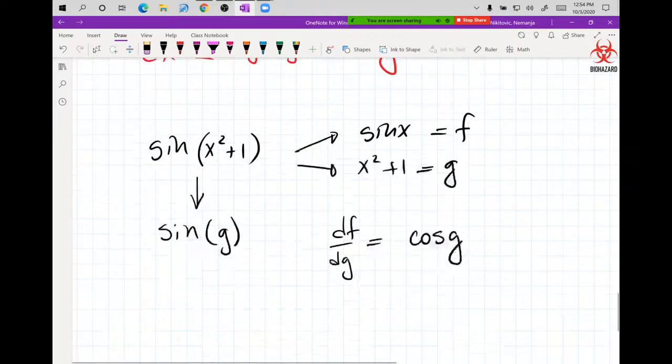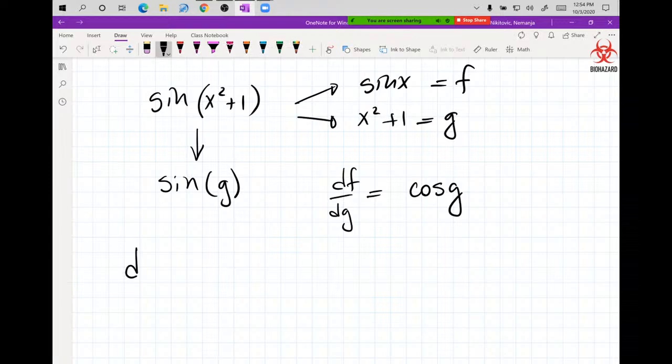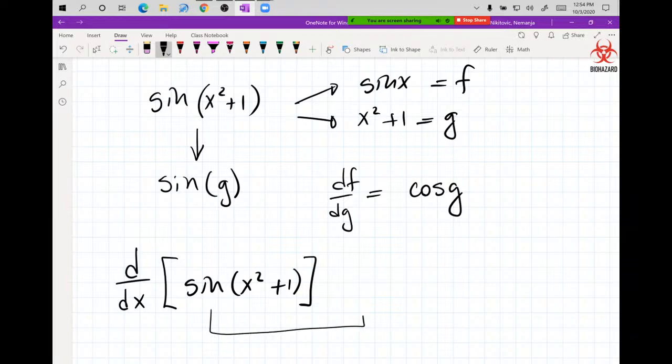So now, what is the derivative of sine x squared plus 1? Well, the derivative of sine is cosine, and you have to keep the function plugged in. And then multiply that by the chain, which is 2x.